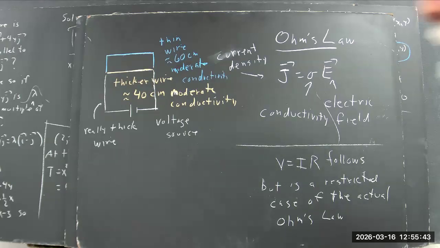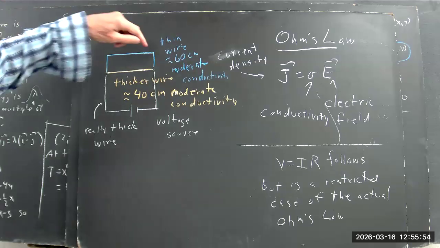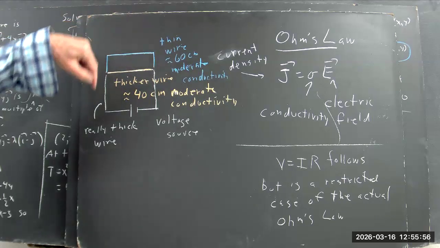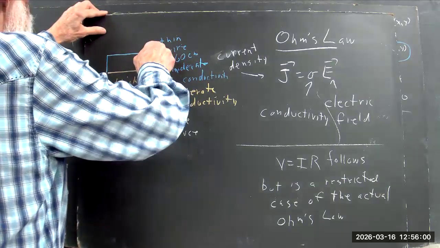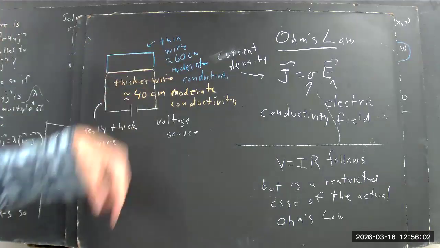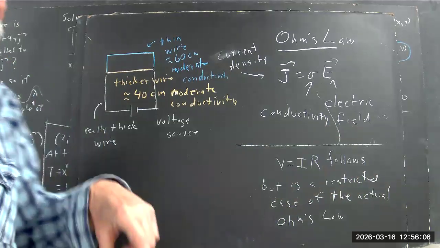Well, we went and looked at the circuit that we observed in lab last time. It consisted of a thin wire, which I've got in blue here, color-coding it, about 60 centimeters long. That's actually a loop.